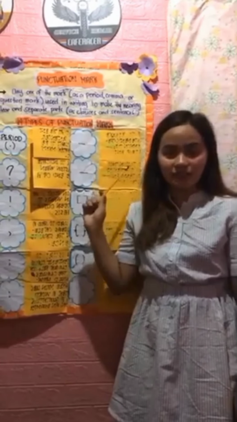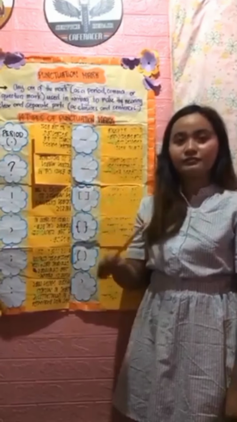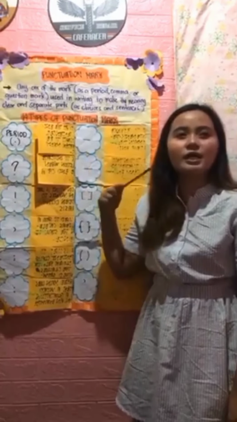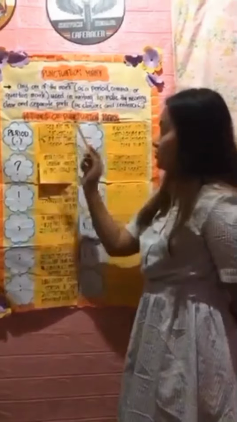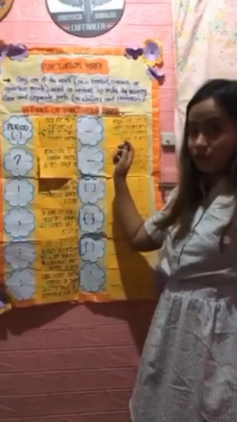Punctuation fills our writing with silent intonation. We pause, stop, emphasize, or ask a question. In simple terms, punctuation gives every sentence clarity. So there are 14 types of punctuation marks.